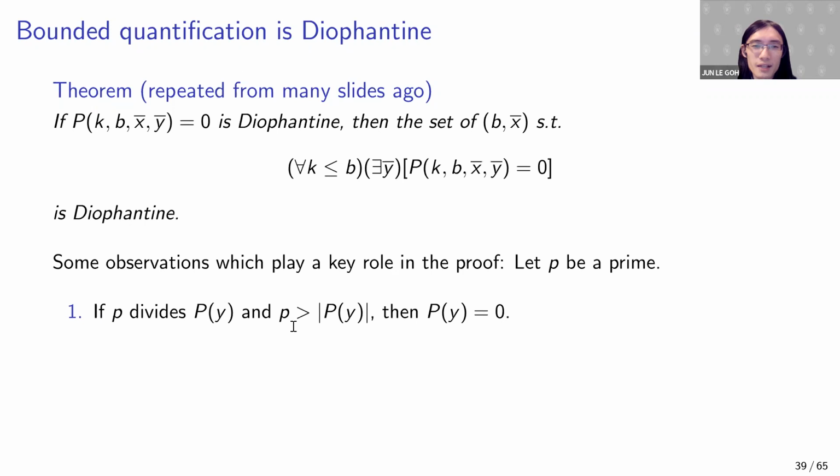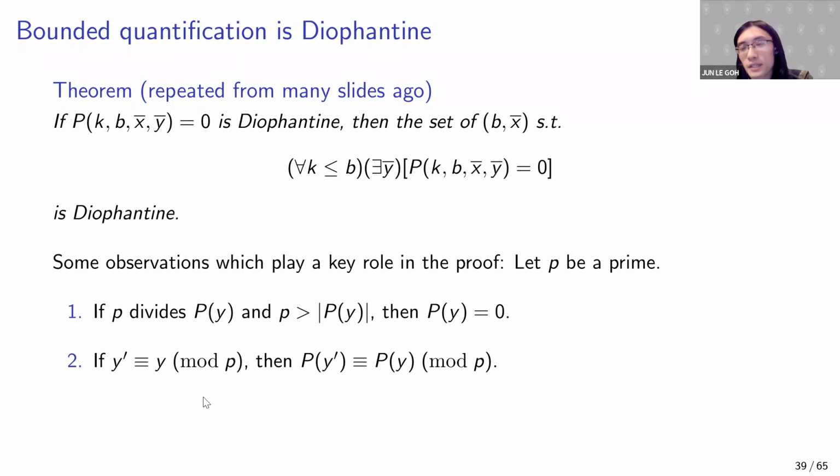And why is it helpful to split it into these two pieces? That's because of observation 2. Observation 2 basically says that if you're considering mod P and you have some polynomials, then things play well. So if you have Y prime, which is the same mod P as Y, then P of Y prime is also equivalent to P of Y mod P, right?